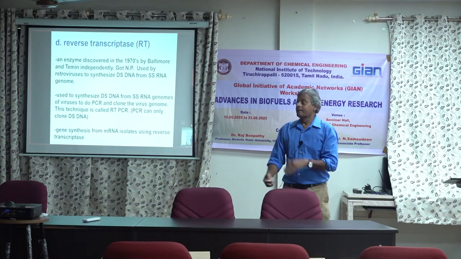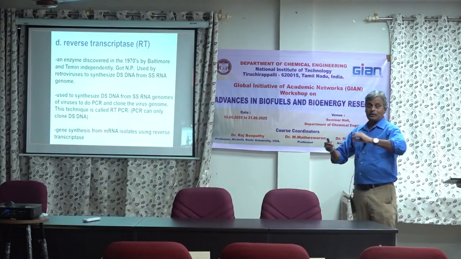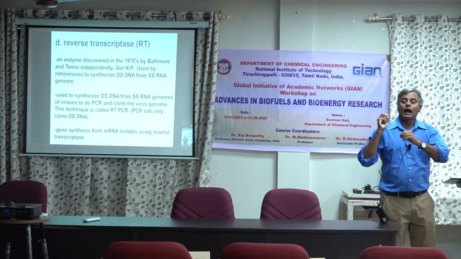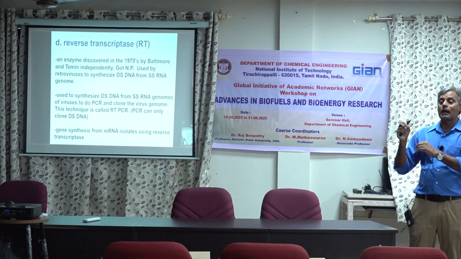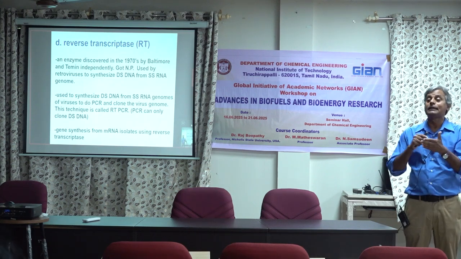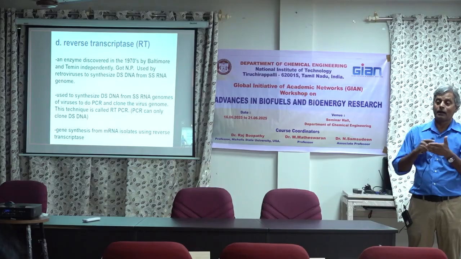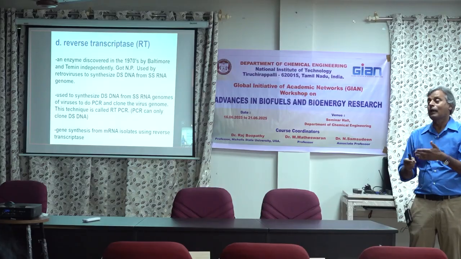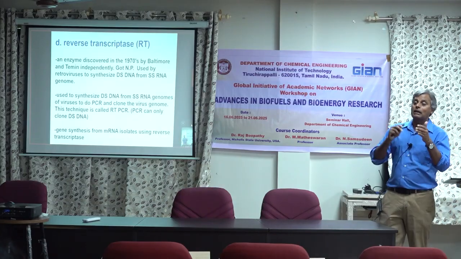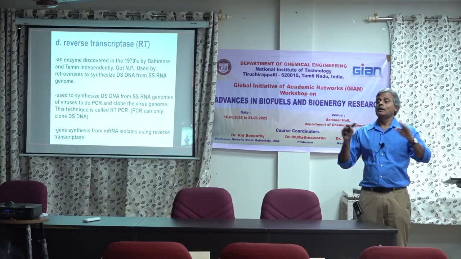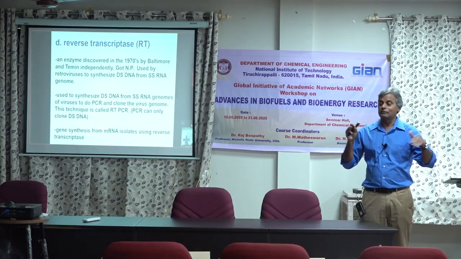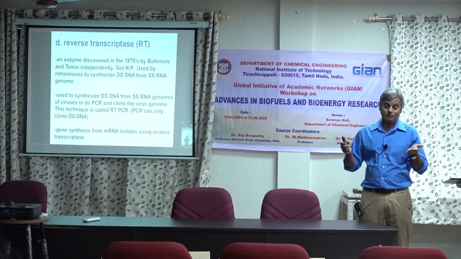So when you use this enzyme, you can make DNA from RNA. We call that cDNA, complementary DNA, okay? And it complements the code of the RNA. So with all these enzymes, you can manipulate these genes whichever way you want to make the particular product, okay?